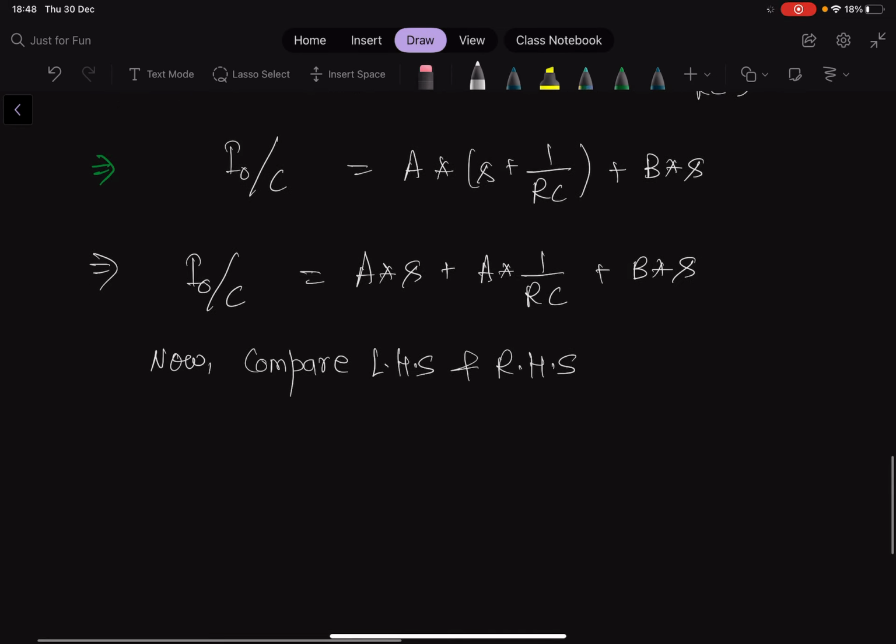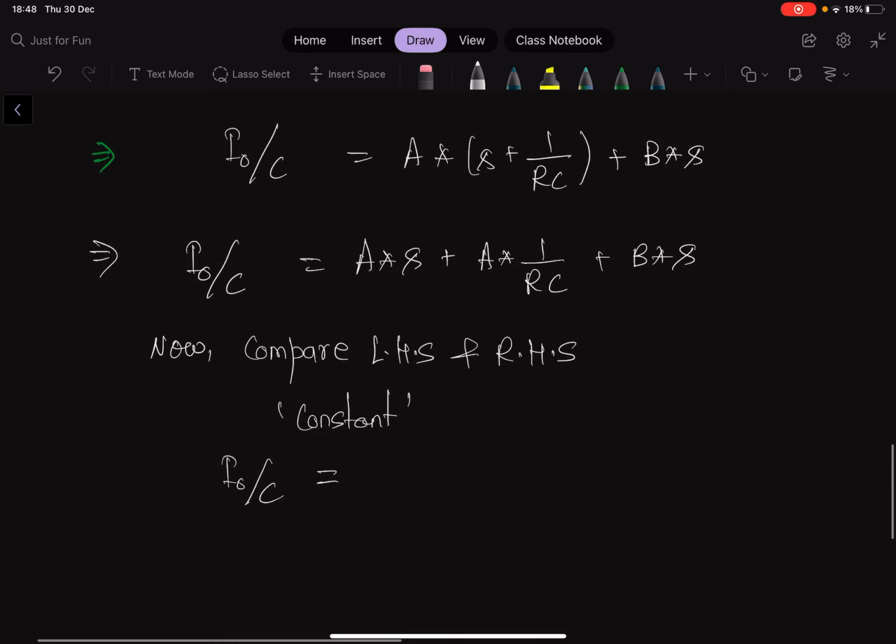Let's compare the constants, the constant of the left hand side and the constant of the right hand side. The left hand side constant is I naught over C, and on the right hand side, this value is the only constant, isn't it?